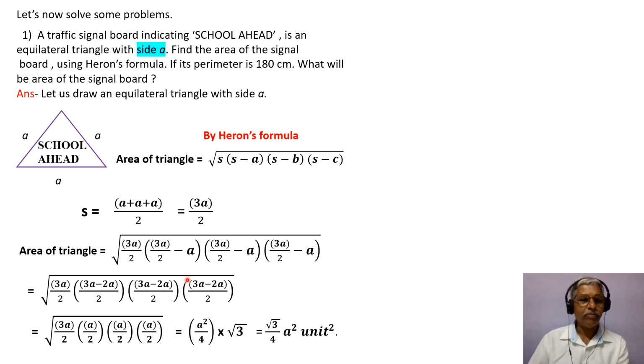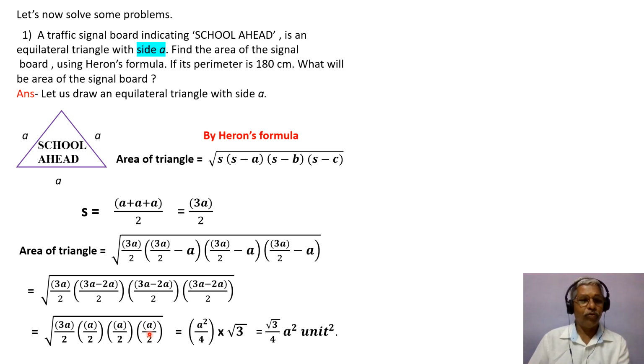Now let us take LCM for these all three. So that equals root of 3A upon 2 into 3A minus 2A upon 2, 3A minus 2A upon 2, and 3A minus 2A upon 2. So this is A. So this becomes 3A upon 2, A upon 2, A upon 2, A upon 2.